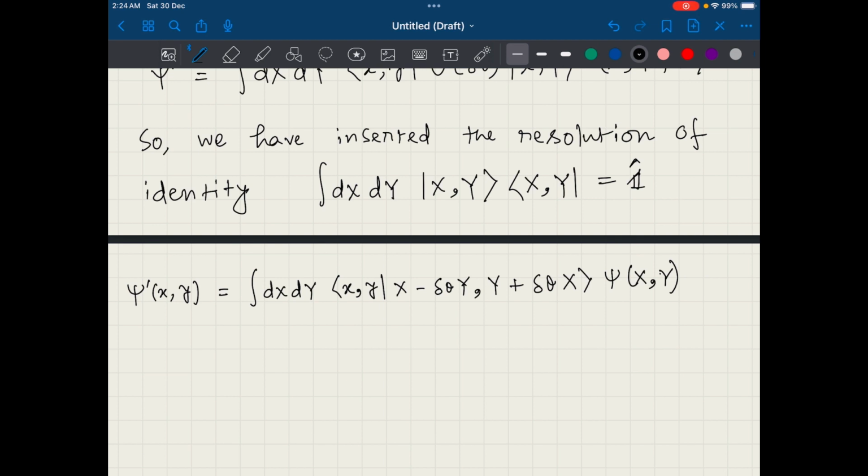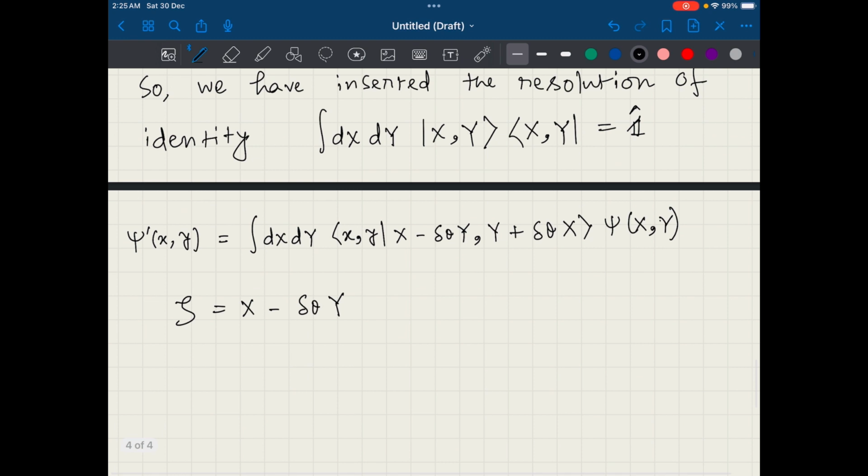Let us call zeta equal to X minus delta theta Y and xi equal to Y plus delta theta X. Now dX dY is written in terms of the determinant of a matrix called the Jacobian, in absolute value.